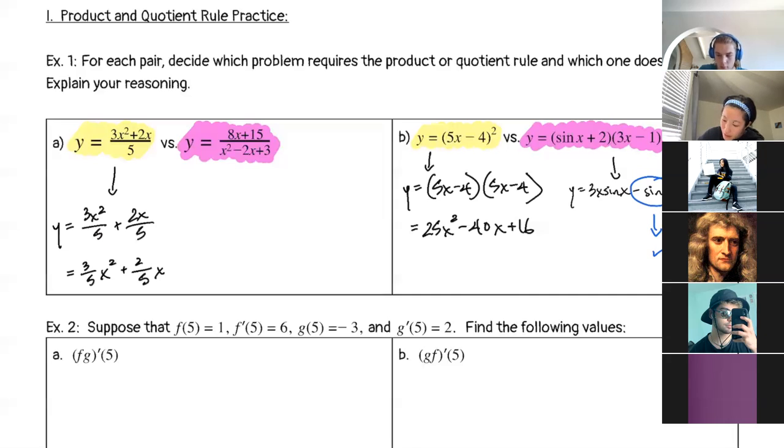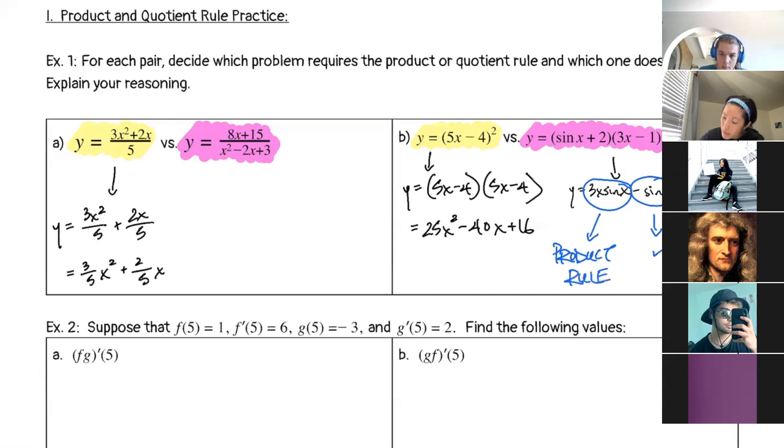But let's take a look at this term. Even though I FOILed out, I still have 3x times sine x. Okay, do we see that? 3x times sine x means that this still requires product rule.